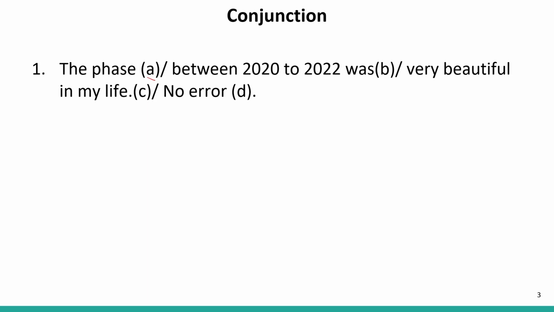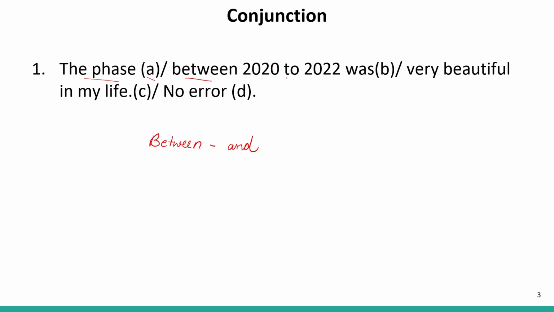Well, in this sentence, in the first part, we see the phase. Then between, we know well that between is a conjunction or a preposition. But as a conjunction, between is used with and. It means, as a pair conjunction, we use and with between.